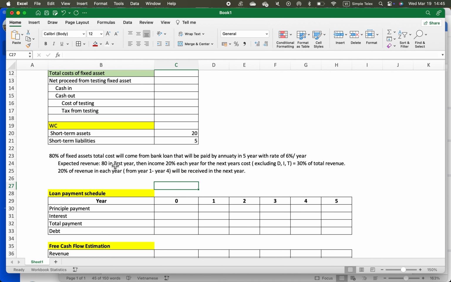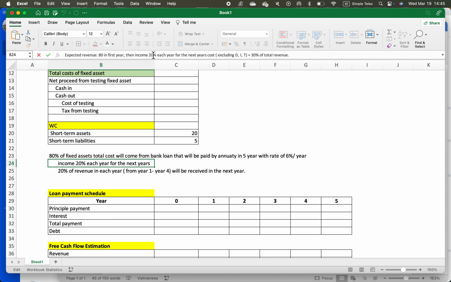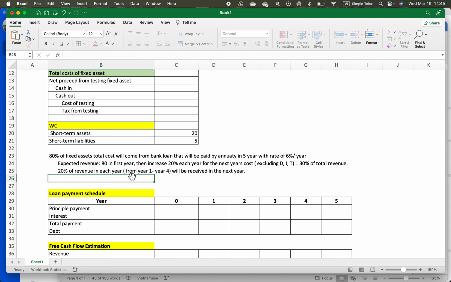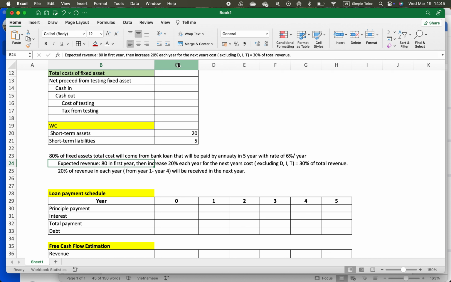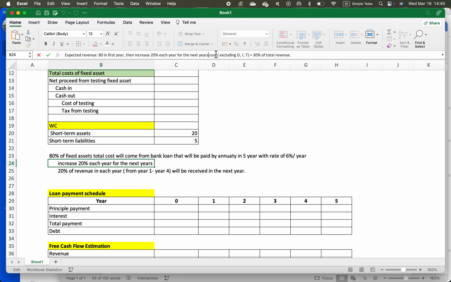increase 20% each year for the next years, okay, and then the cost.